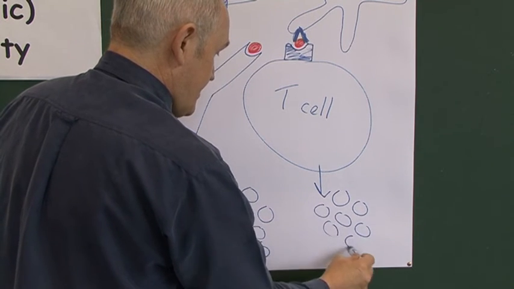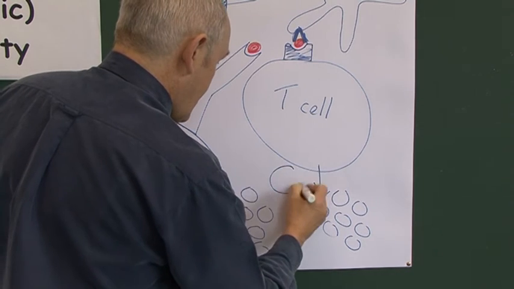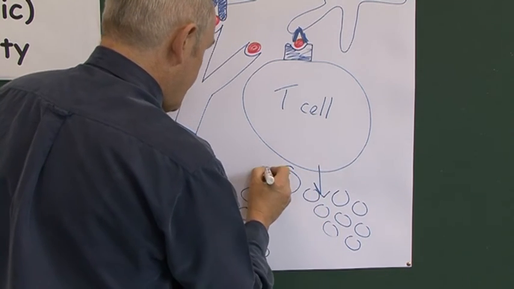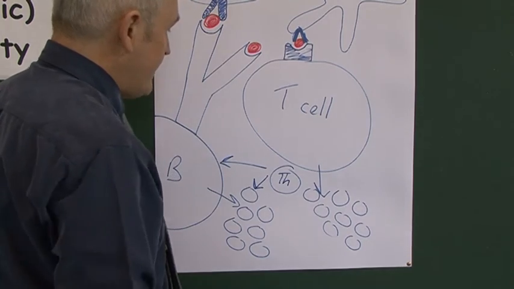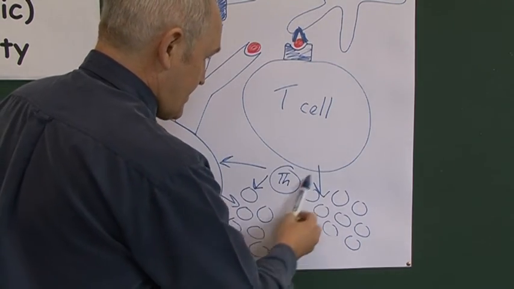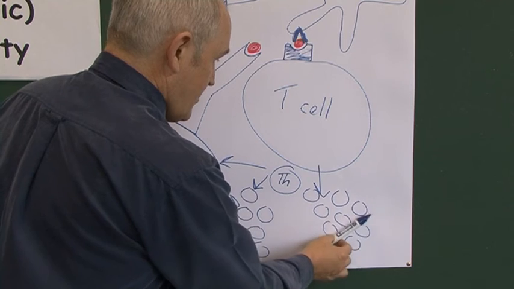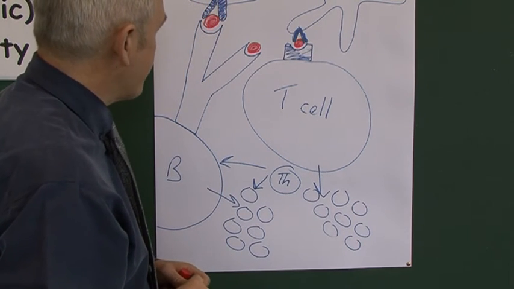This means we have lots of T helper cells. This is a T helper cell that will stimulate the B cells. Or if it's a T cytotoxic cell, again we'll get a clonal expansion of those, and we'll see what they do in the next section of this talk.